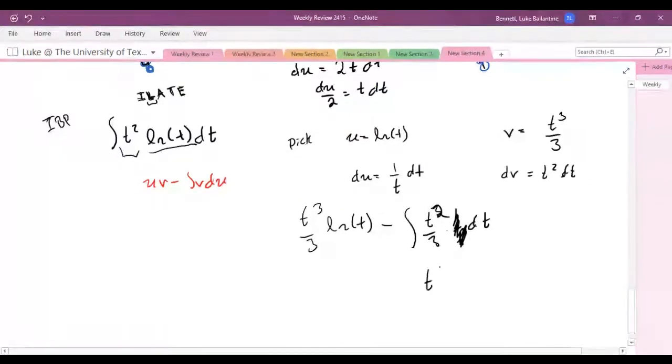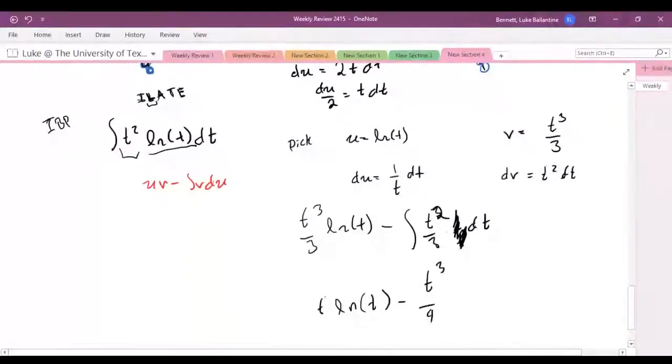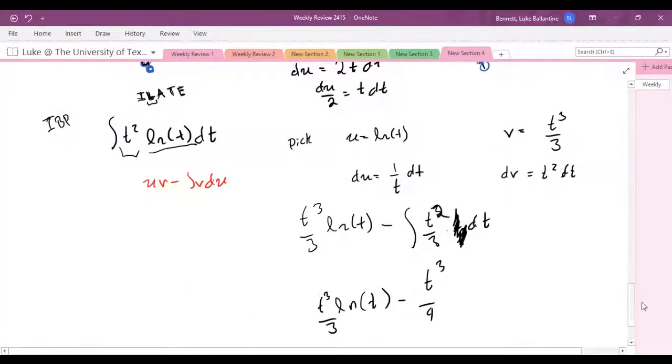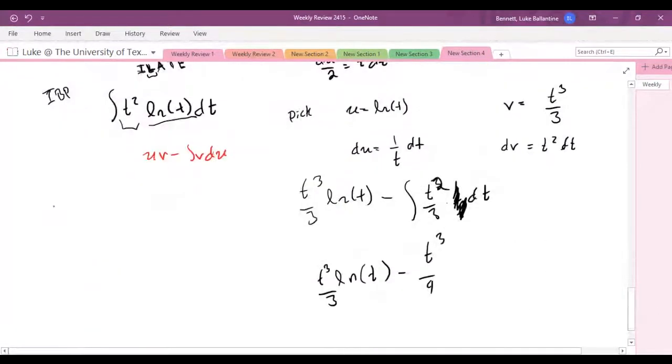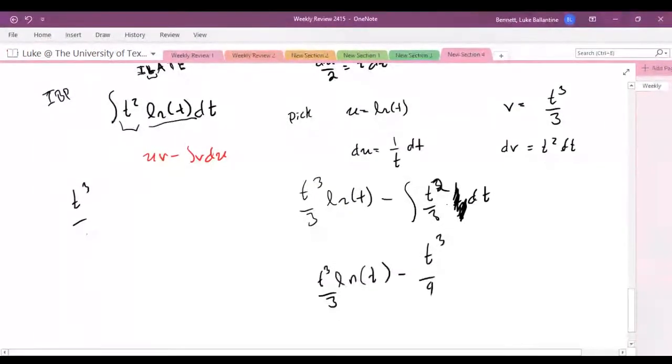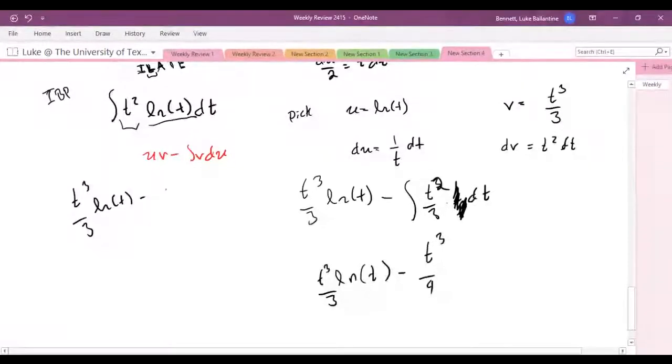And we integrate that, well, that's just t cubed over 9, and copy and paste the rest. And so this is my k component. So we have t cubed over 3 ln t minus t cubed over 9 k.